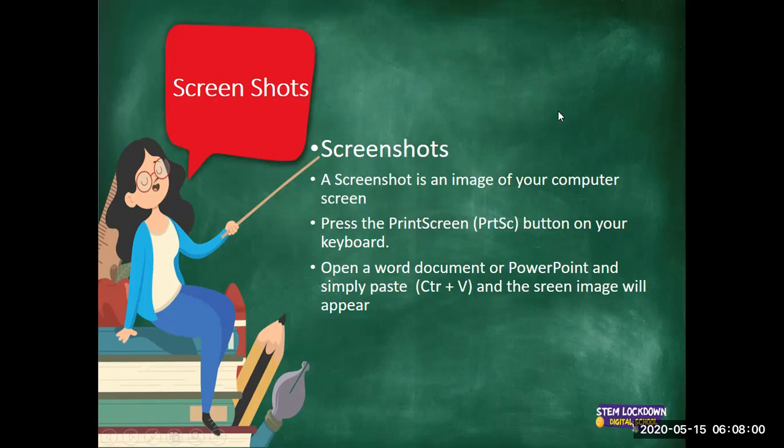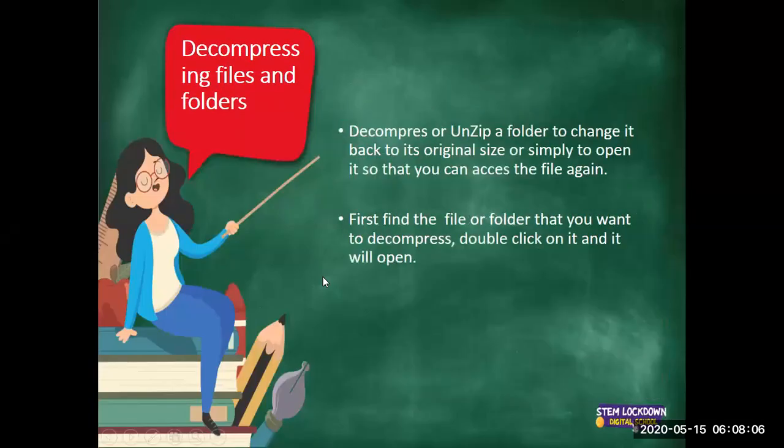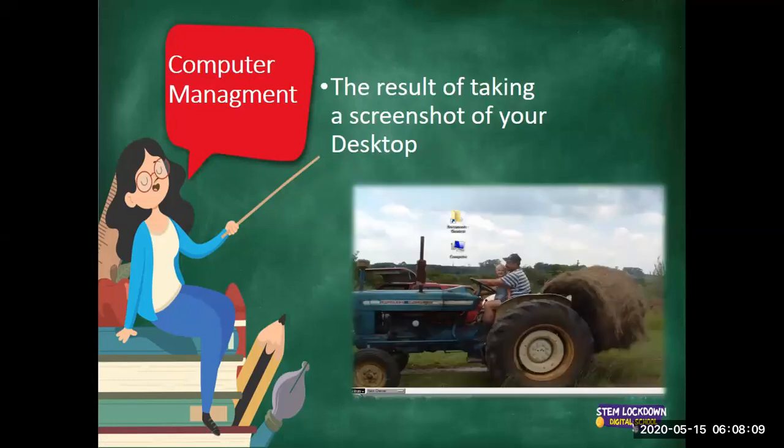Okay, I'm going to share the new screen again. Okay, after using the print screen button, this is what you'll see as an end result of what you have done. The results of taking the screenshots of your desktop.